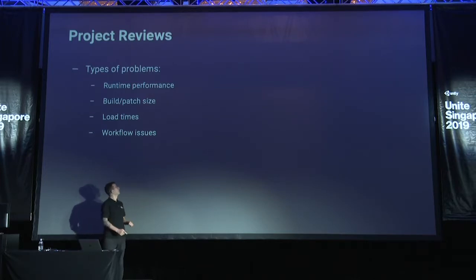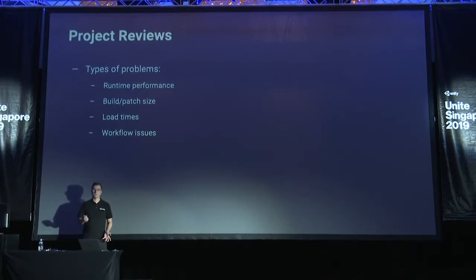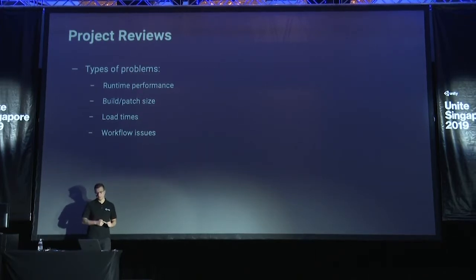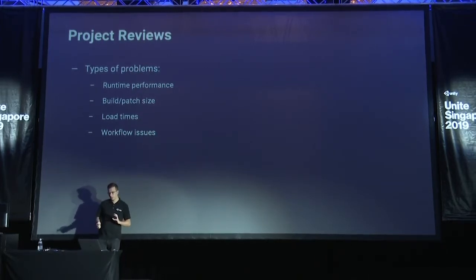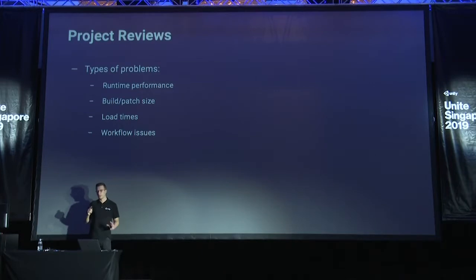So the type of problems that we usually see when we visit customers can be split into these sections. It's mostly the runtime GPU and CPU performance, and this happens when the application doesn't run at the target frame rate because it's CPU or GPU bound. The next would be the patch or build size, when an application or a patch doesn't meet the requirement size.